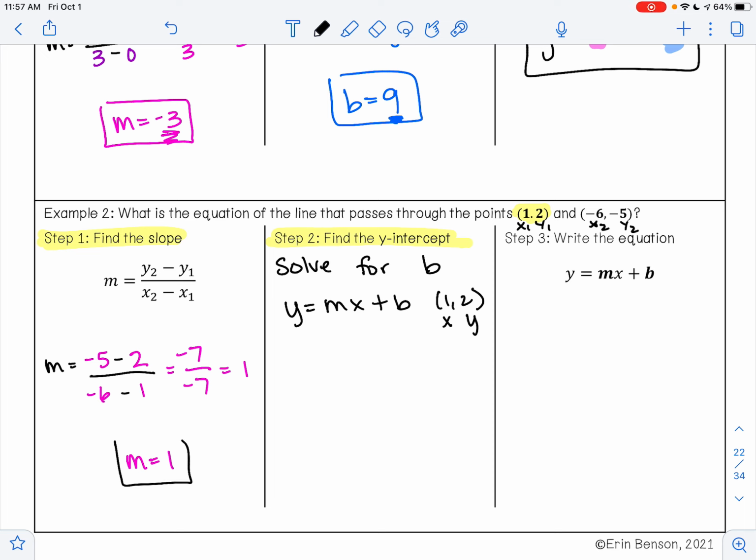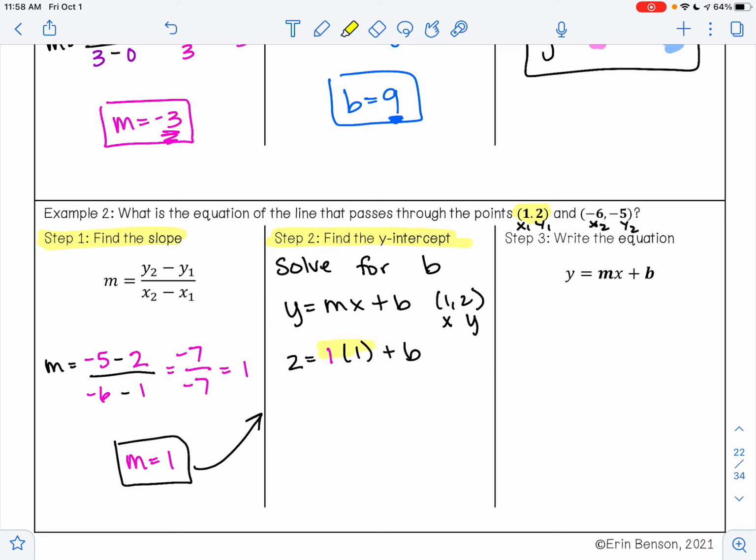And I'm going to use our slope m is 1 from step 1. So I'll have 2 equals, because y is 2, equals m is 1 times x. X is also 1. Because this x comes from right here, x is 1, plus b. And now I want to solve for b.